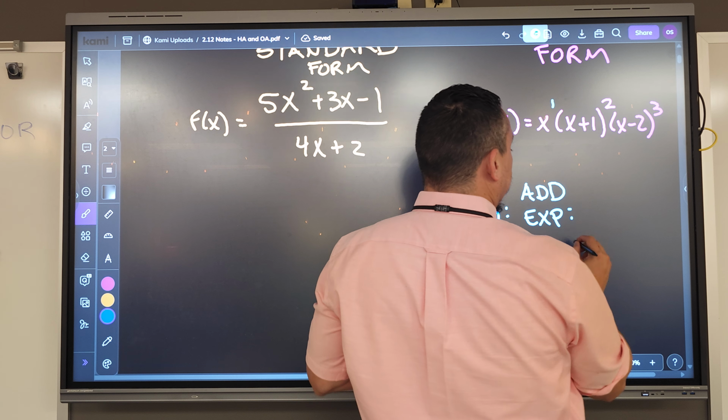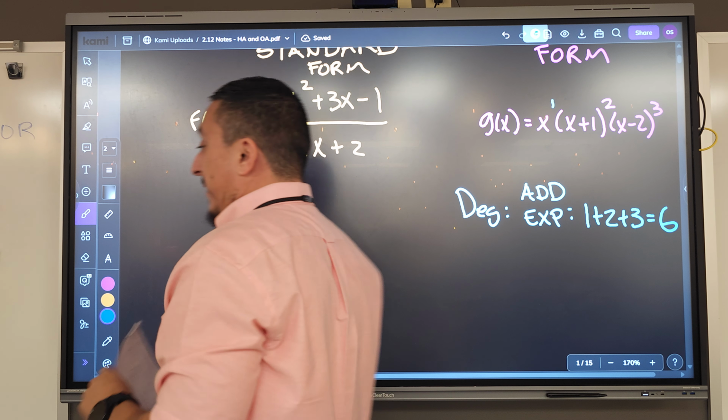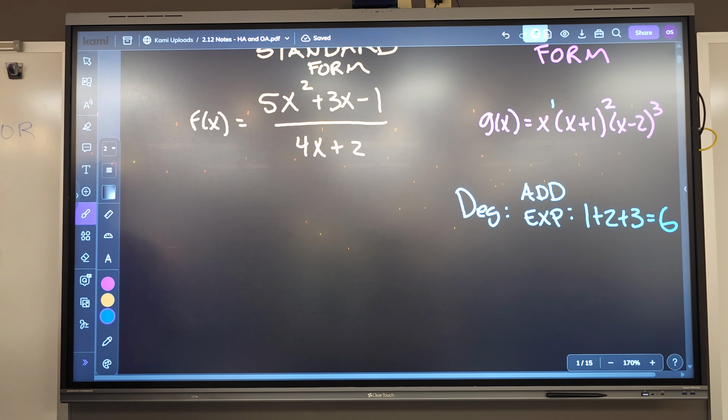So don't forget to put that 1. So 1, 2, 3. That tells us this is a 6th degree polynomial, even function, positive function, right? A lot of information there for us. Equals the highest one. Yeah, so that's this one. You're good, very good. Hey, Carlos, we just started the notes, okay?